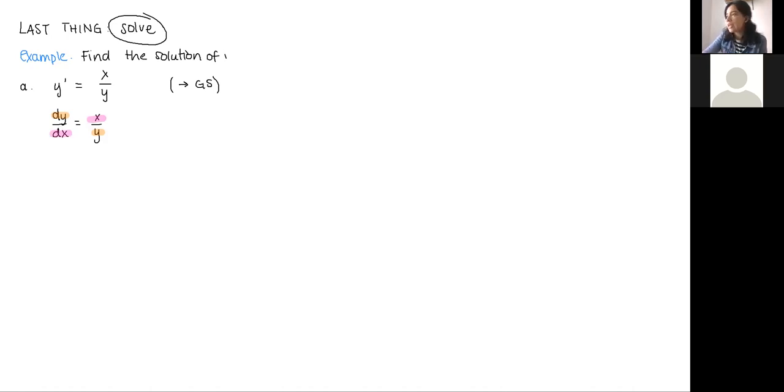So what we're going to do here is just multiply both sides by dx, and multiply both sides by y, which means that we would get y times dy is equal to x times dx, right? So I multiplied dx on both sides, simplified on the left, and it is still on the right-hand side, and I multiplied both sides by y, which simplified it on the right-hand side and made it appear on the left-hand side.